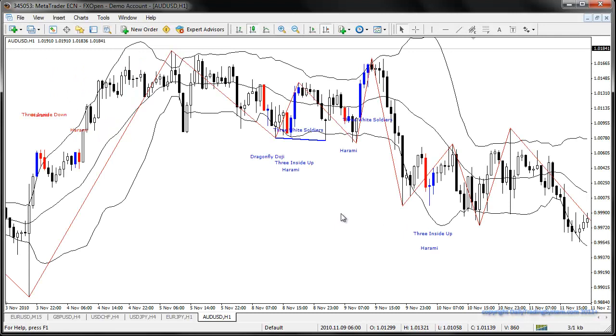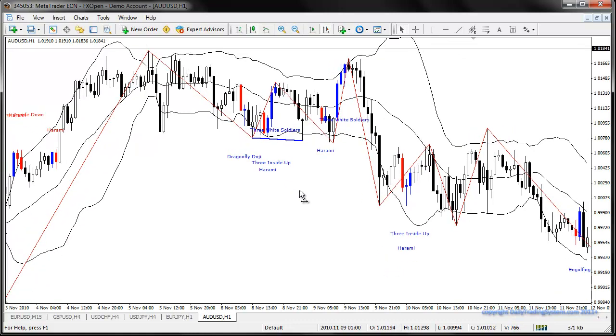Here's a couple at the moment, and there's one over here on the right hand side, and one here stuck in the middle. I'm just going to get my screen draw pen out and show you. The Three-Inside Up consists of this red candle, this blue candle, and this blue candle.